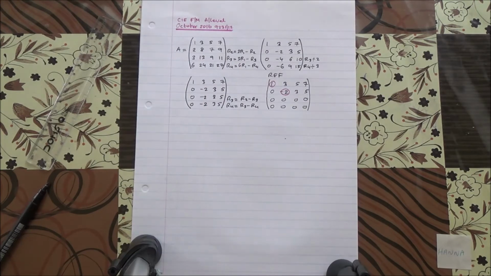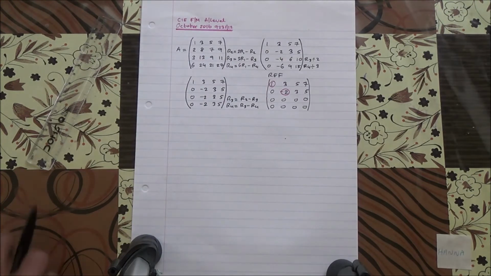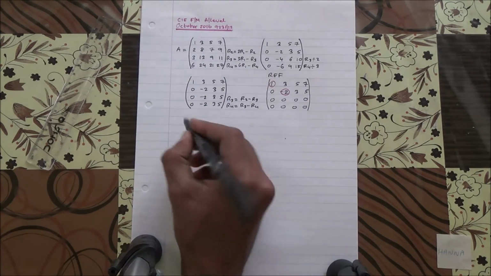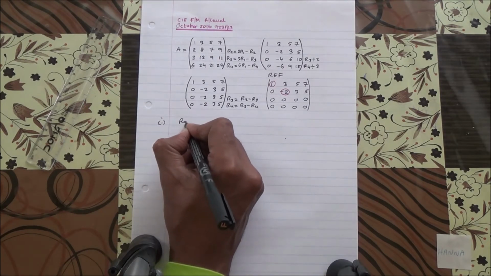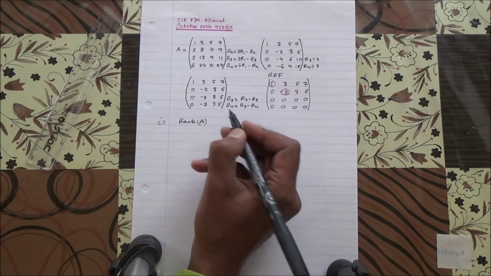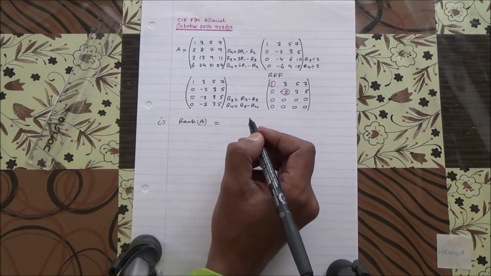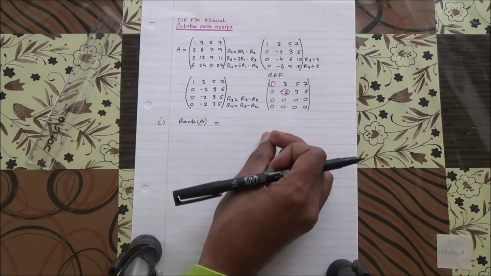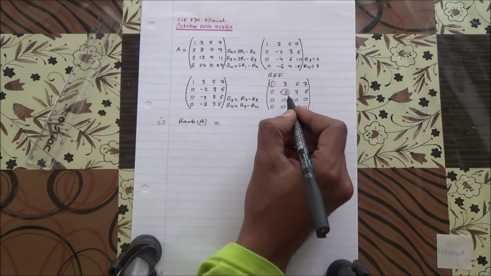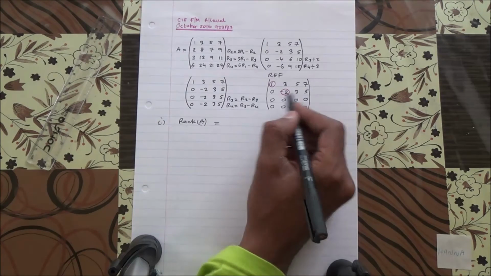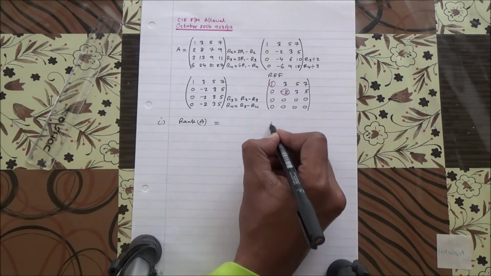So what we're saying is that the rank, but first of all, let's take a look at the rank. What is rank, anyways? Rank of A. What is rank? It is the highest order of the square submatrix whose determinant is not equal to 0.